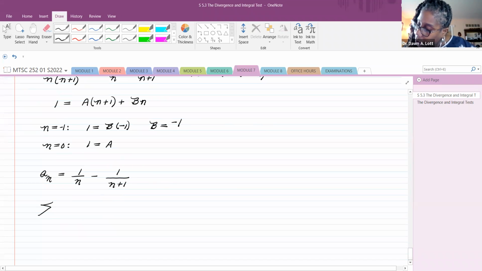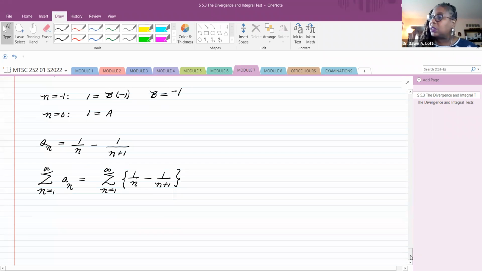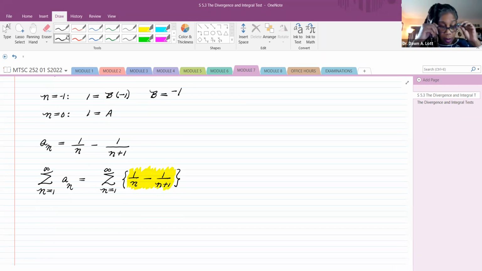So now my sum, n equals 1 to infinity of a_n, is equal to the sum, n equals 1 to infinity of 1 over n minus 1 over n plus 1. Again, that thing in the brackets is my a_n. This whole thing is a_n.